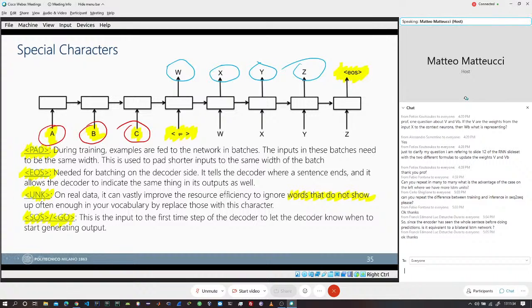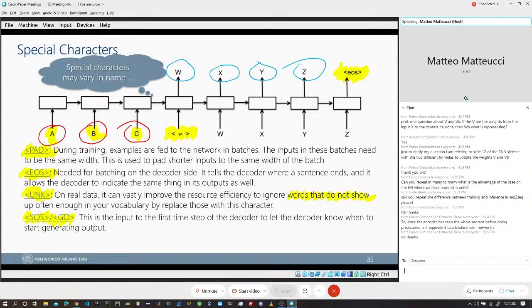Let's see if I have other questions. Okay, these I answered already. By the way, here I presented PAD, EOS, unknown, and Go or SOS as special characters.